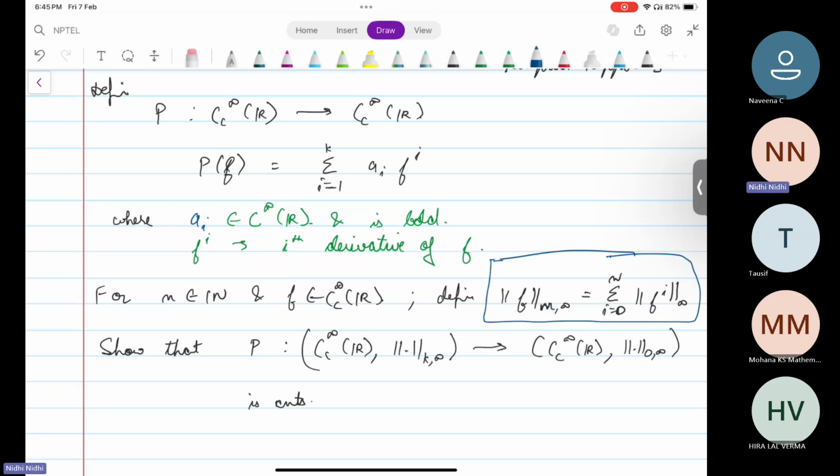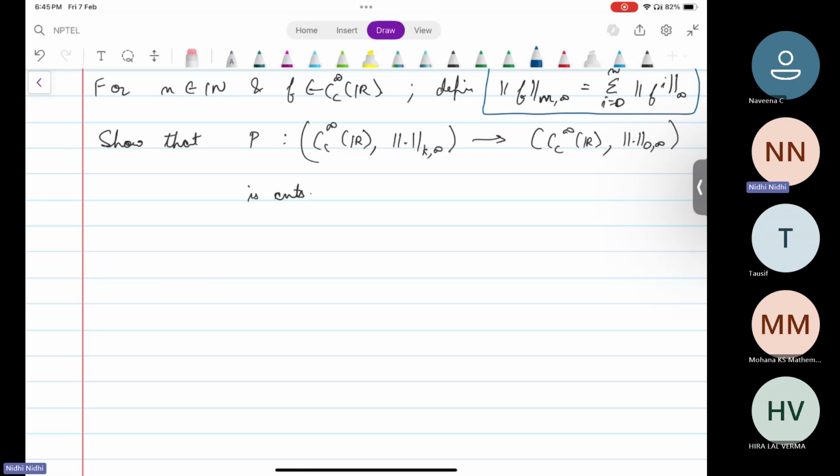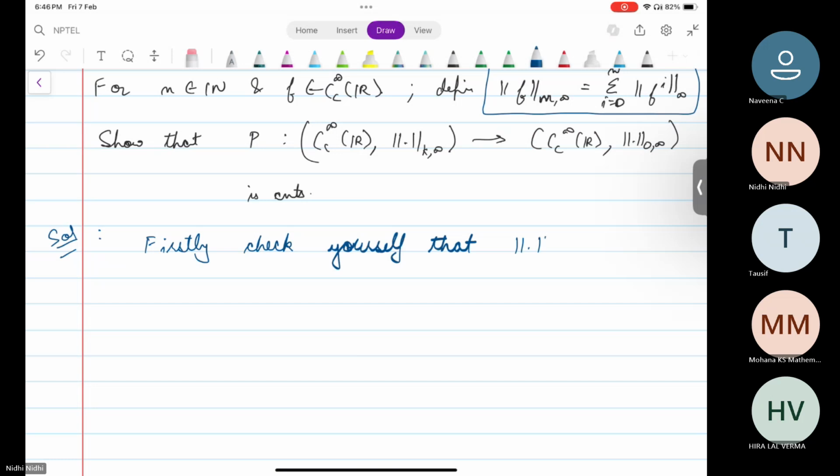Okay, so I'm leaving this up to you. You try and see how to prove that this defines a norm on the space C infinity R.